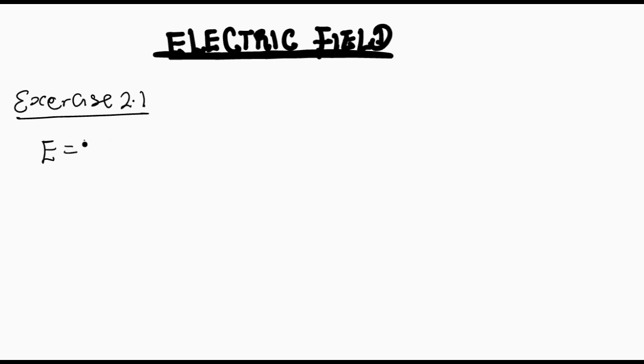So they gave us an electric field in volt per meter here, which is 12,000 volt per meter, right? And they gave us the charge of the electron, 1.6 times 10 raised to power minus 19 coulomb.